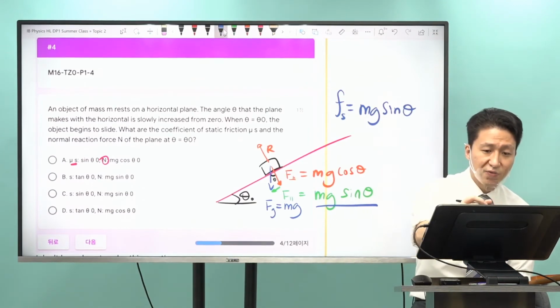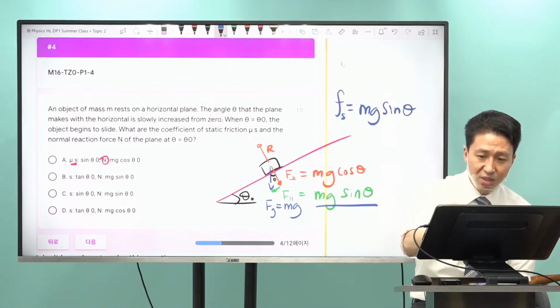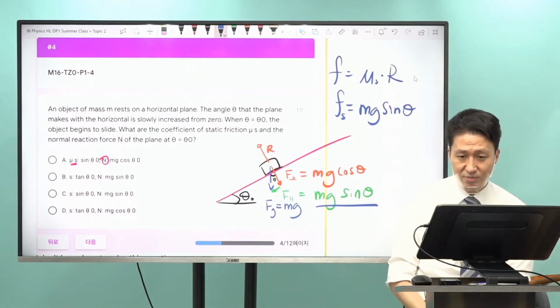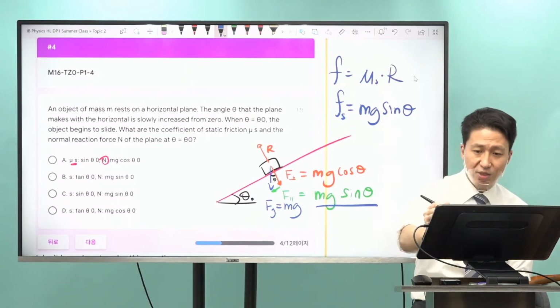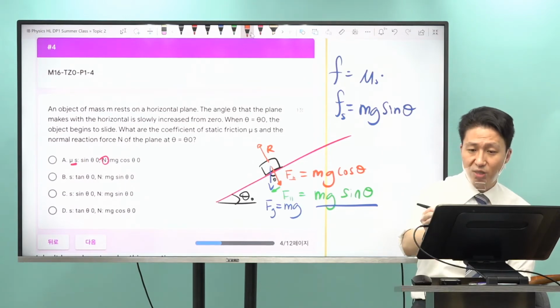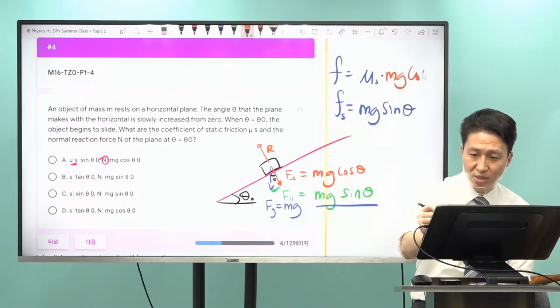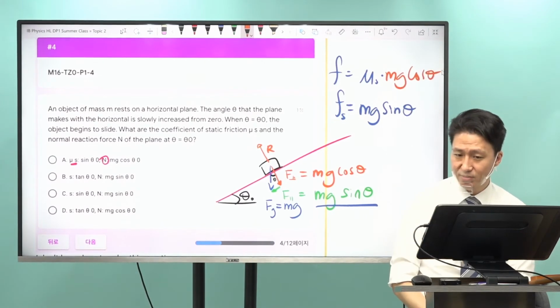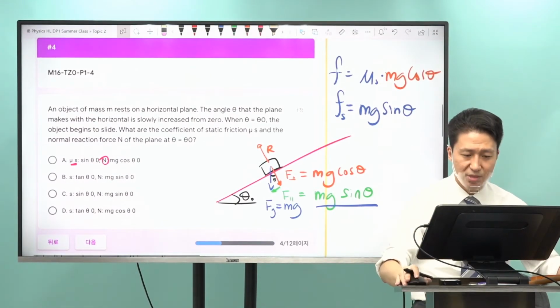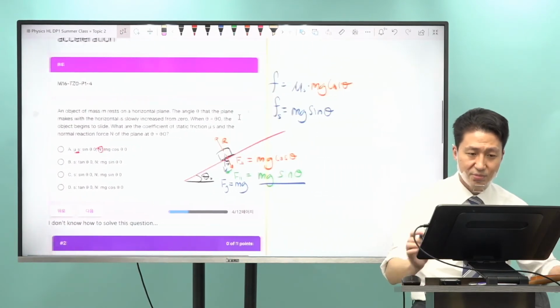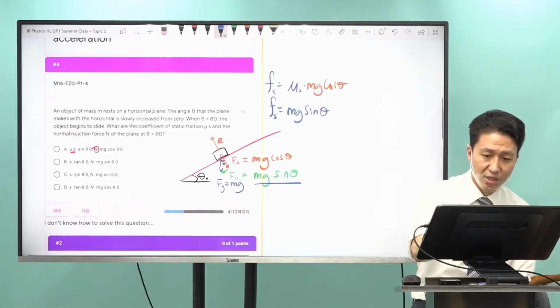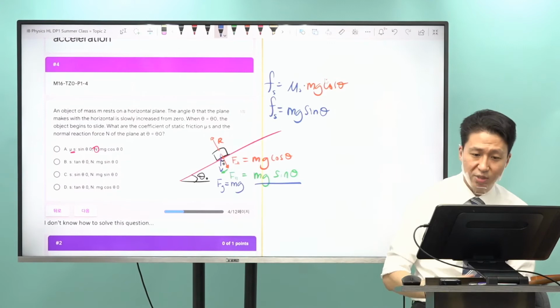The second equation for friction was, we know it depended on the coefficient of static friction times the normal reaction force, R, right? This R, we're going to change with mg cosine theta. And we're almost there. We're going to make these two equal to each other.